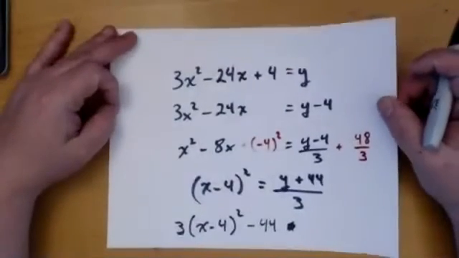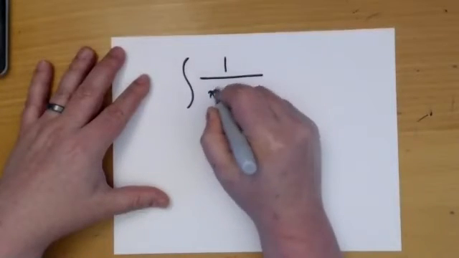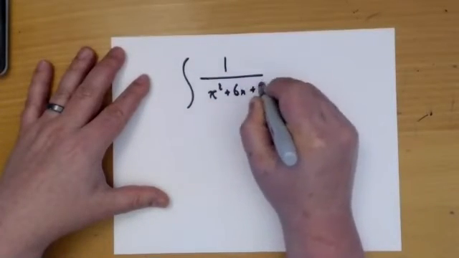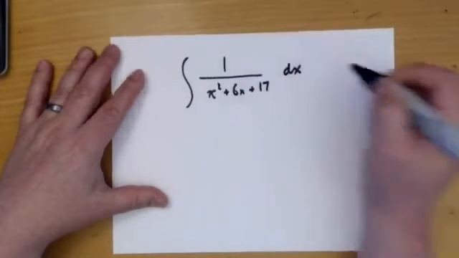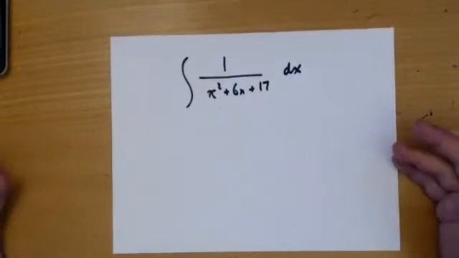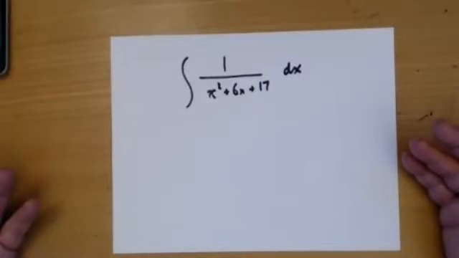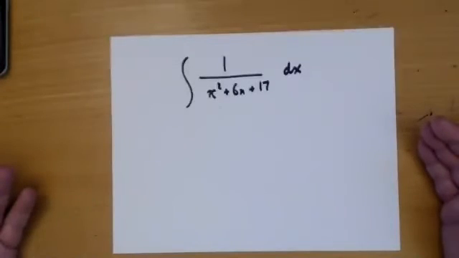Now, who cares? Good question. The reason why it matters is because we can do stuff like this. Well, taking a look at that, I can't do a U sub. It doesn't factor, okay? There's really nothing I can do with it right now except complete the square, okay?